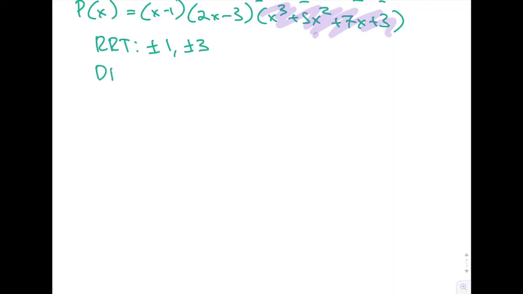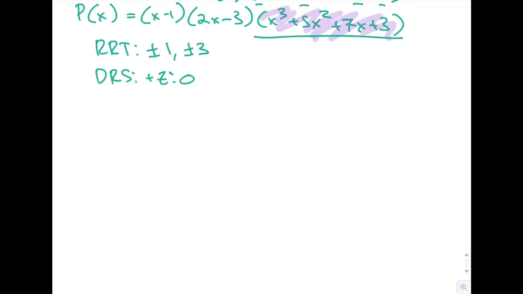But by Descartes' rule of signs, we notice that there are no sign changes for this polynomial, so that means there will be 0 positive zeros, which means it can only be -1 and -3 left. So it's useful to confirm that this is true.